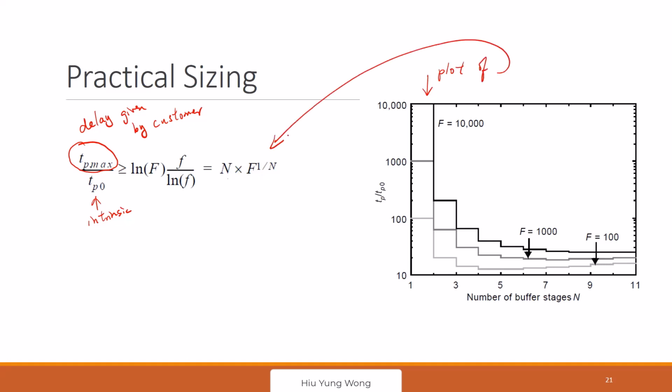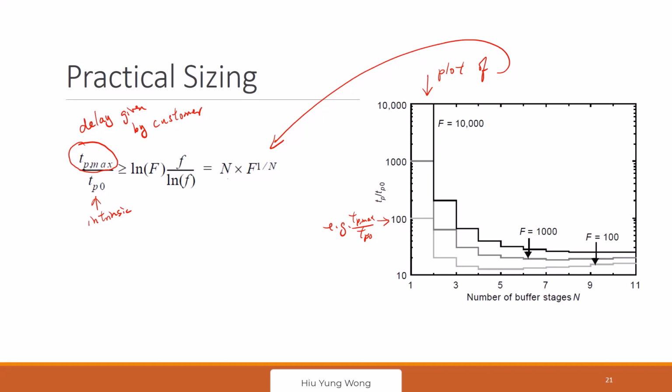So for example, if I decided that my delay has to be, let's say, 100, I found that TP max divided by TP0 is 100, because they say I don't need to go too fast, but at least my time cannot be more than 100 times TP0.